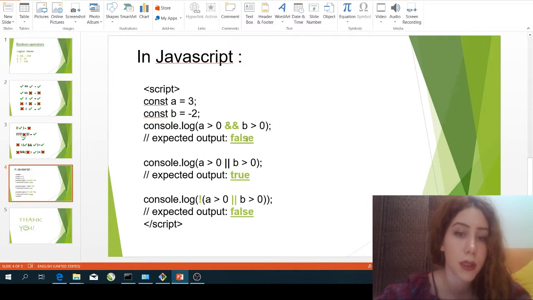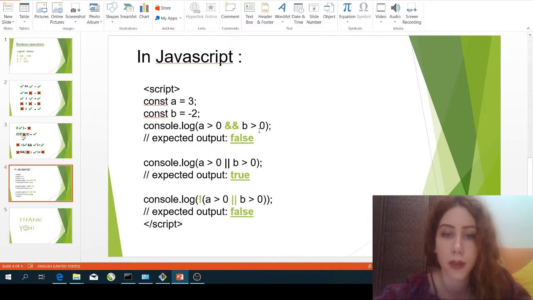The reason this output is false is because a, which is 3, is greater than 0, which means that is true. However, b, which is equal to -2, is not greater than 0, so it's false. And we know that true and false will result in false.